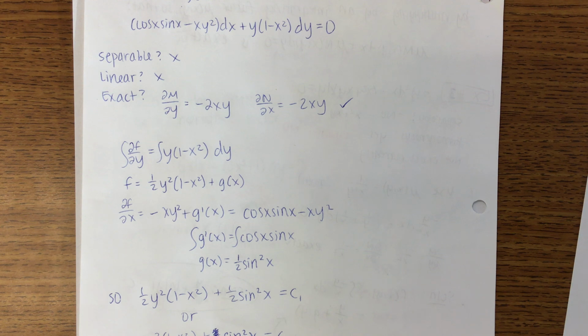What tripped us up? It seemed like it was integrating cosine x sine x. You guys could do all that stuff, but when you got to here, you got stuck?